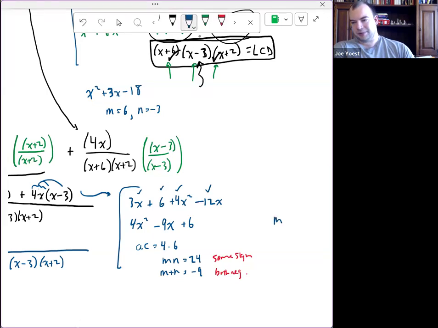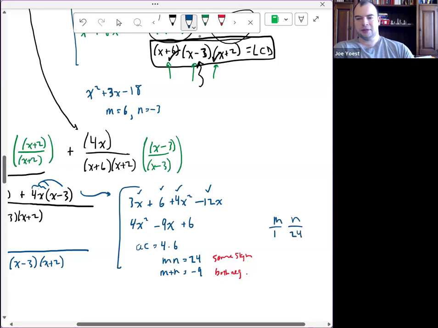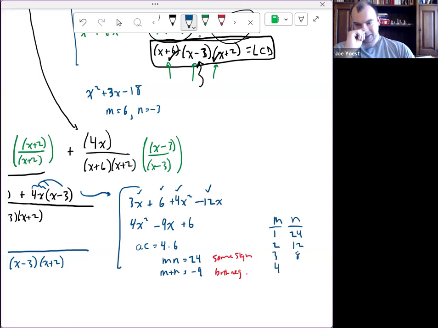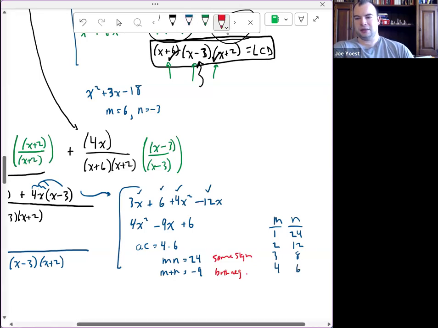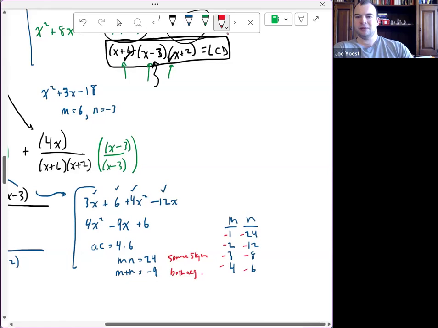And what are my choices for m and n? I could have 1 times 24. I'll fix the signs later. 2 times 12, 3 times 8, 4 times 6, and these would all be negative. What is m plus n in each case?